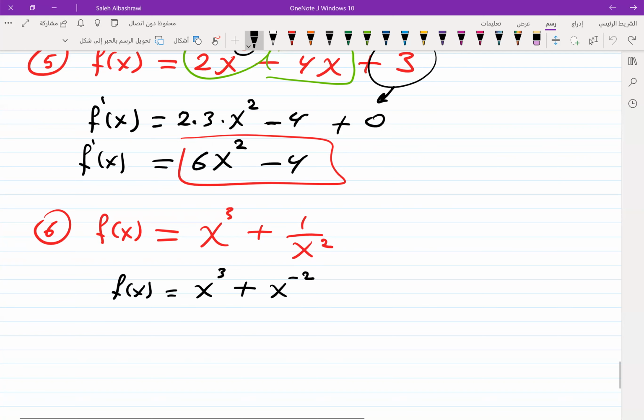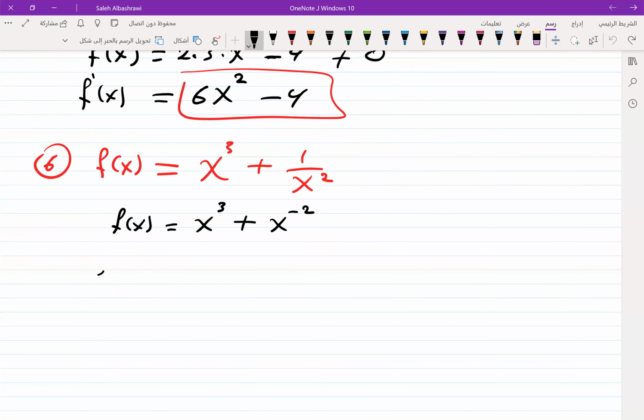And the derivative for this one is equal to, applying the power rule, 3 x to power 3 minus 1, which is 2. So this is 3 multiplied by x squared.